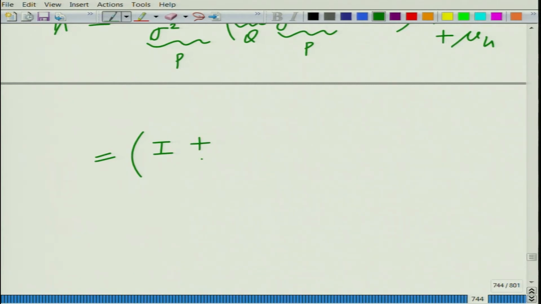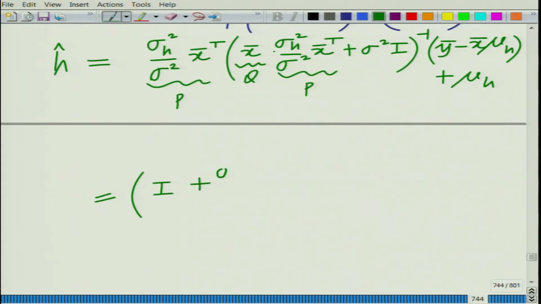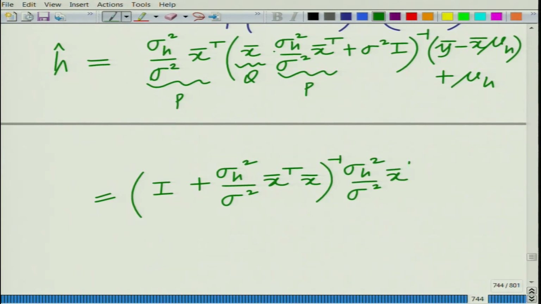P is this quantity here, sigma h square by sigma square x bar transpose, and the inverse term is (I plus sigma h square by sigma square x bar transpose x bar) inverse, into (y bar minus x bar mu h) plus mu h.